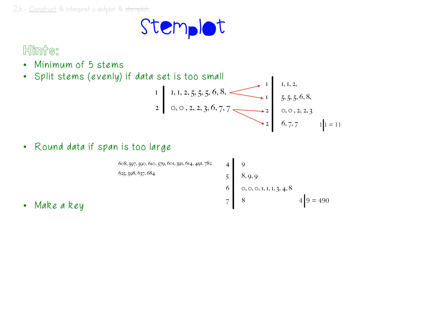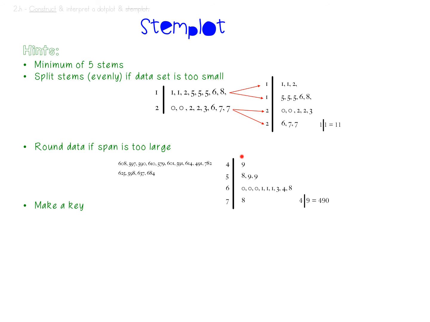Also round the data if the span is too large. So when I look at this set of data right here, I'm going from 491 all the way up to 684. That's a lot of stems to do: 490, 500, 510, 520, 530, 540, and all the way up to 690. Or I'm sorry, 680. So I want to round the data.